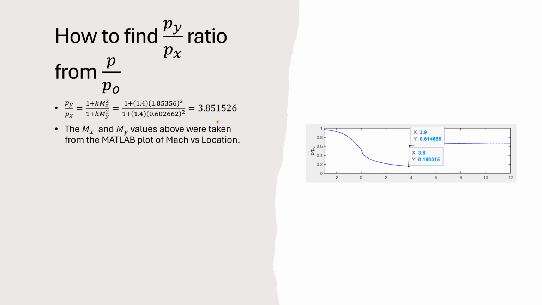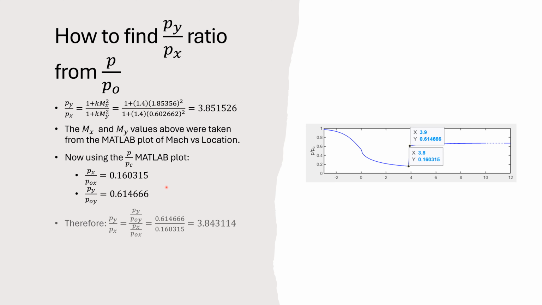Now from the MATLAB plots, the Mx values and My values were taken from the MATLAB plot for Mach versus location. That's just one thing to note of where these numbers came from. Now using the P over P naught MATLAB plot, which is right here, we took the value of Px over P naught x, which is the pressure ratio before, and then we took Py over P naught y, which is the pressure ratio after, as you can see right here.